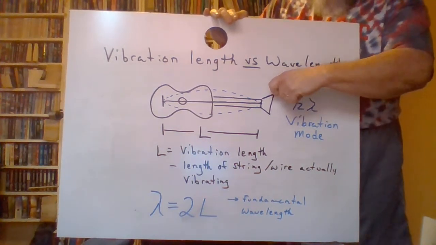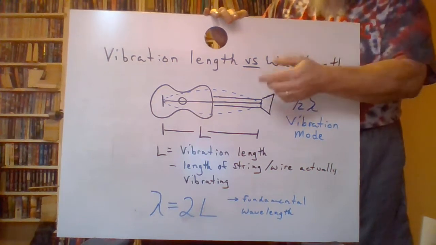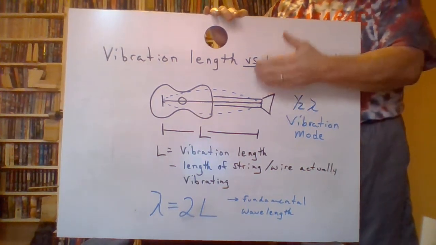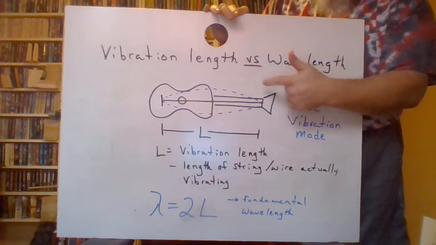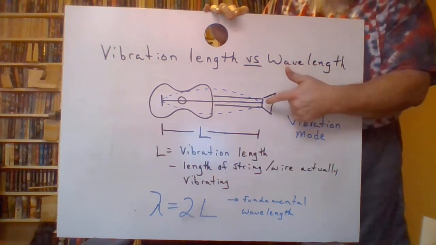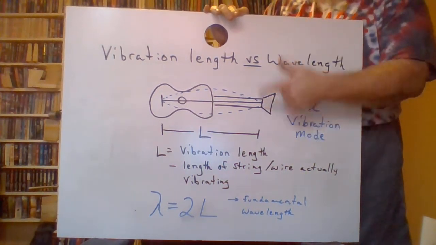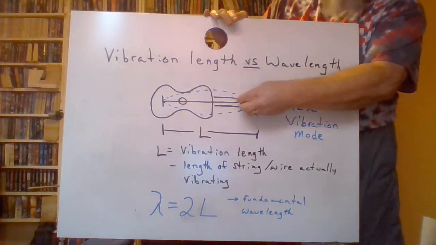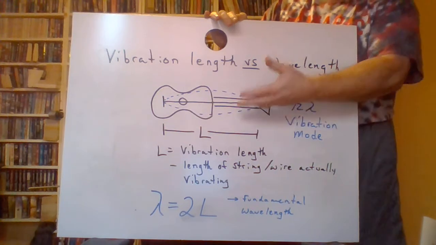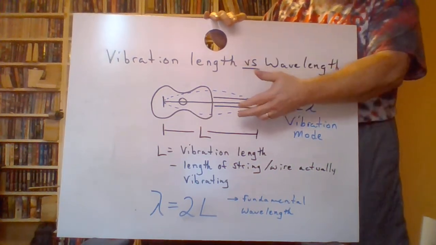All right, so you tighten it up a little bit and you pluck it, and now the tone is going to be higher. Same wavelength, but because the tension is higher, the speed will be higher, and if the speed is higher, the frequency will be higher. And so that's how you get your guitar making notes. That's how you get a bass making notes.